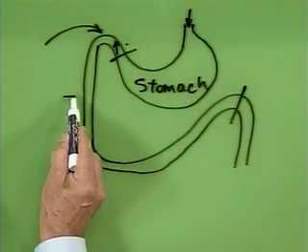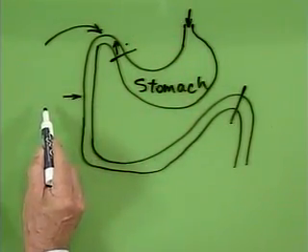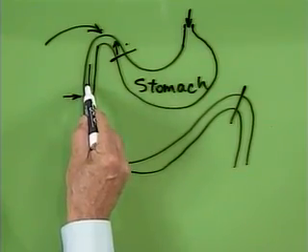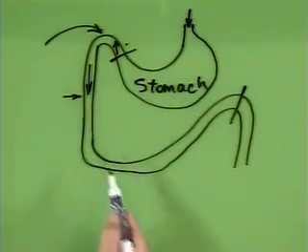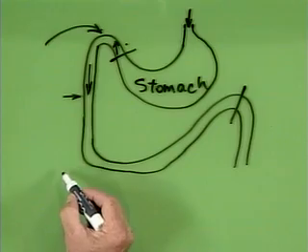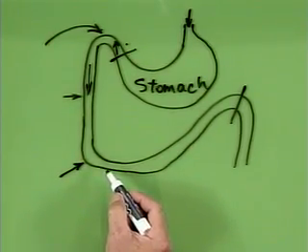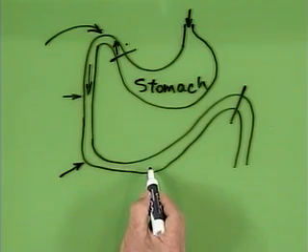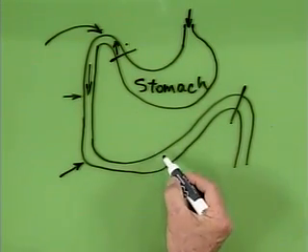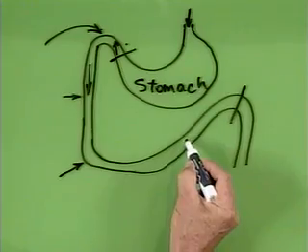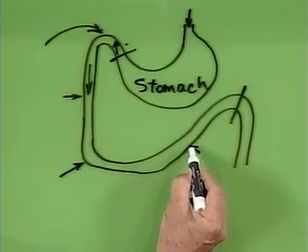This is the descending part of the duodenum because ingesta would be moving downward as it passed through that part of the lumen. This bend down here is called the inferior duodenal flexure. This is the horizontal part of the duodenum. It slowly slants up as the ascending part of the duodenum.